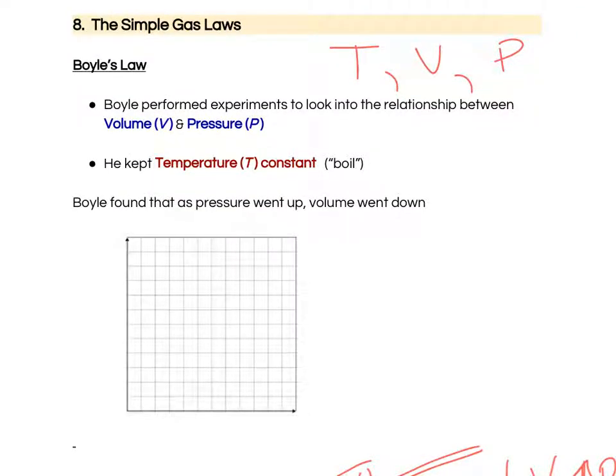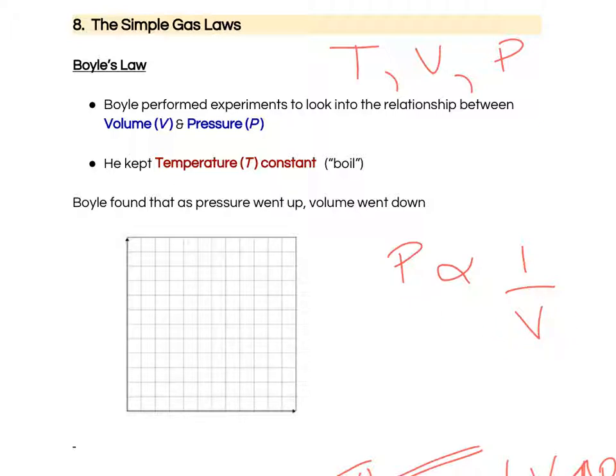We can think about this in mathematical terms, right? So what he saw was that as the pressure went up, the volume went down. We say that this is an indirect or inverse relationship. Okay, so we say P is proportional to 1 over V. So in other words, as the pressure goes up, the volume goes down.